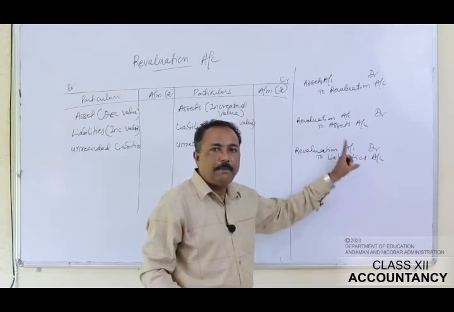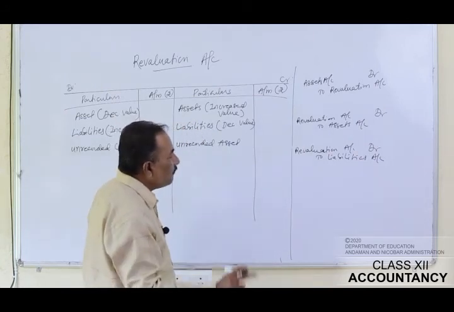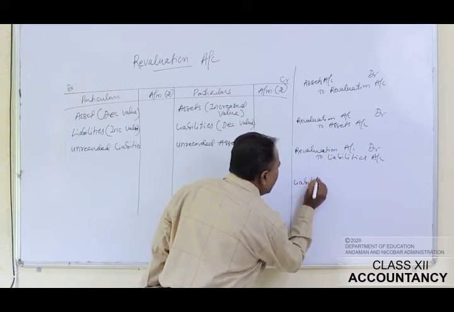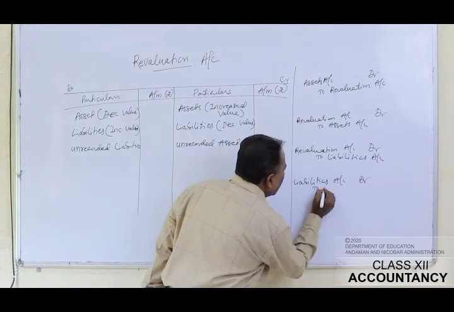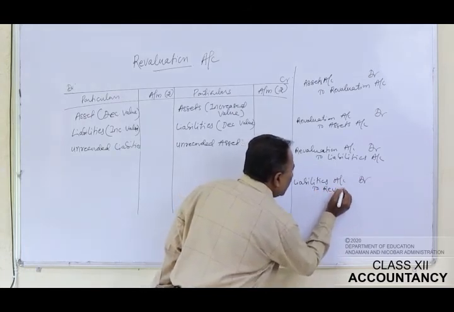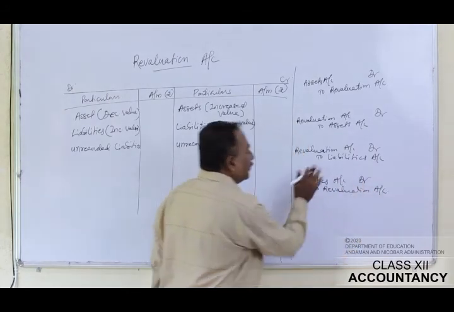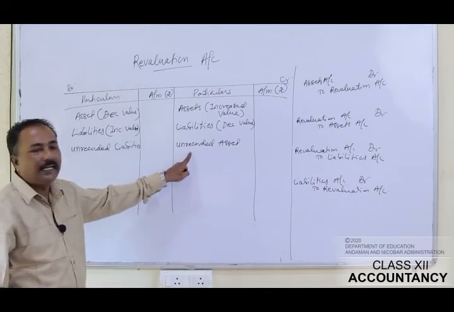This journal entry will be passed when the value of a liability increases, and whenever the value of a liability decreases, the journal entry will be liabilities account debit to revaluation account. Now let's talk about any unrecorded assets.